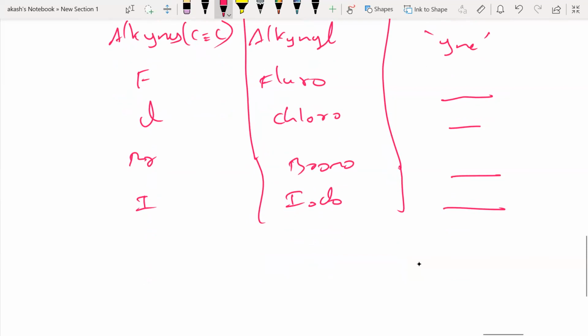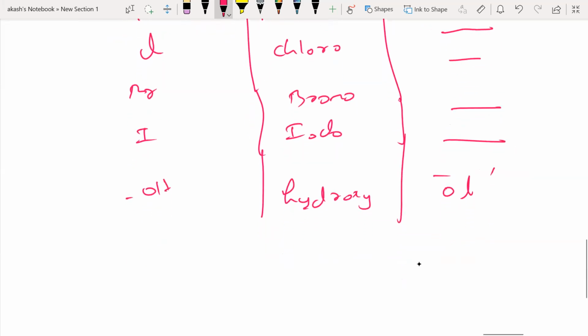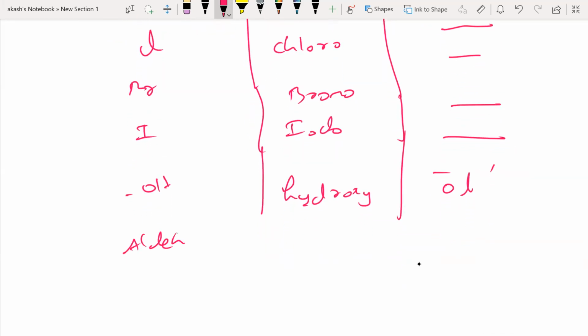Then comes OH, that is your alcohol. For alcohol, the prefix is hydroxy, and the suffix which you have to use is ol. Next, going to your aldehyde, the prefix is formyl, and the suffix it has to end with is al.